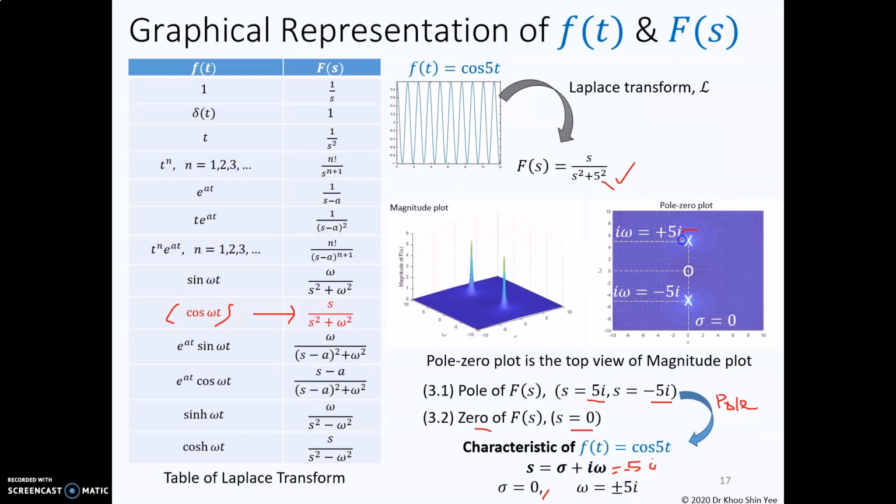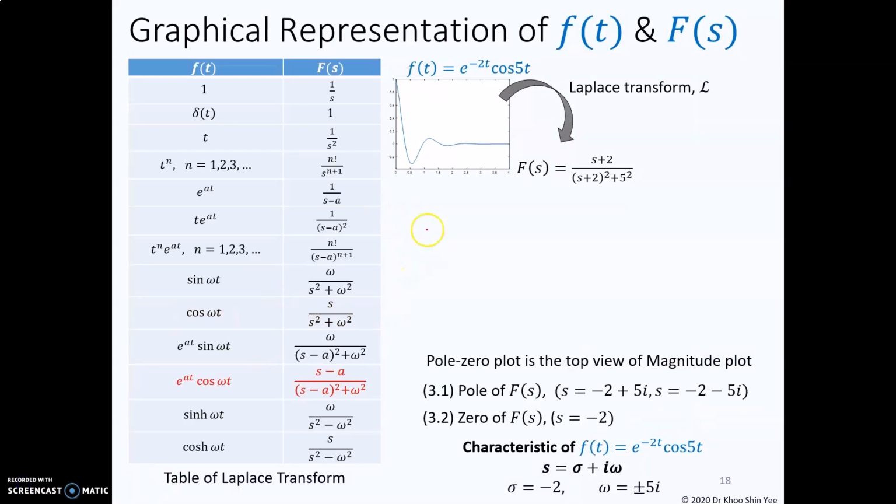So with that, you can find the poles at sigma equal to 0, i omega equal to 5i and negative 5i. For your zero, since x equals 0, when you compare to sigma plus i omega, you should know that the zero is at sigma equal to 0, omega equal to 0. So with that, we draw the zero here.